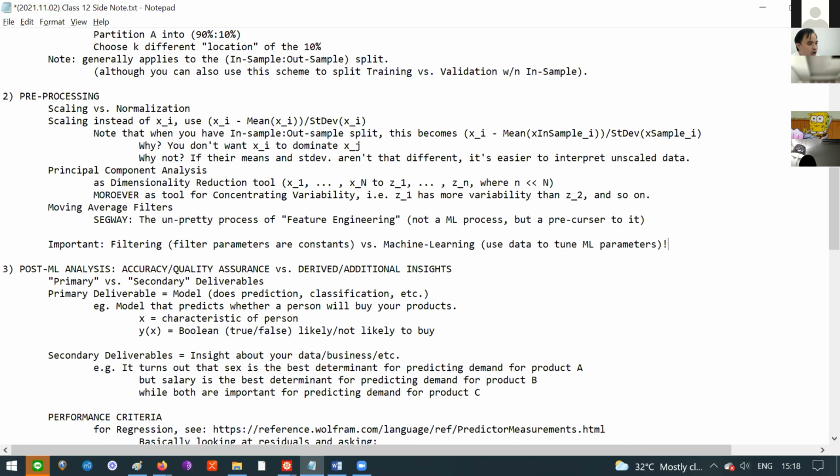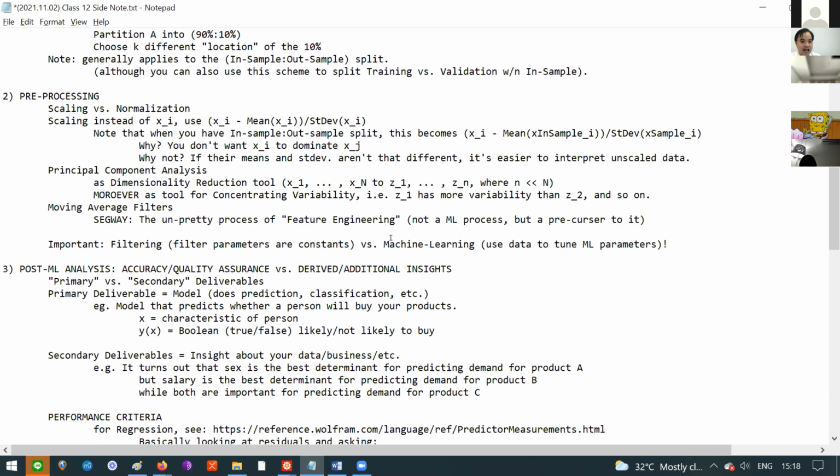When you're talking about feature engineering, it's about doing some kind of predetermined filter, playing with the filter: moving average, exponential moving average, linear moving average, Bollinger Band, this, that. You just manage your data and then you feed it to machine learning. But the filtering has parameters that are not learned.